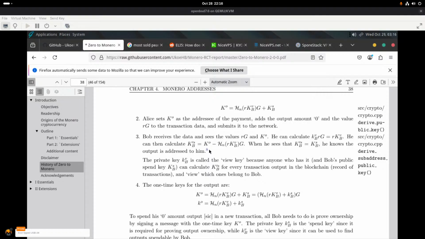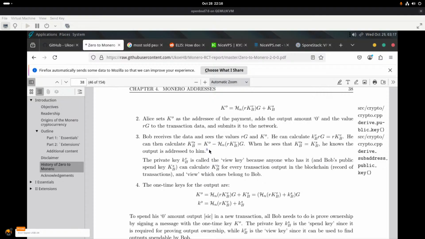Bob receives the data and sees the values R and K_o. He can calculate k_vR and rK_v. He can calculate K_B equals K_o minus H(k_vR)G, where he sees that K_B is K_s,B and he knows the output address is to him.